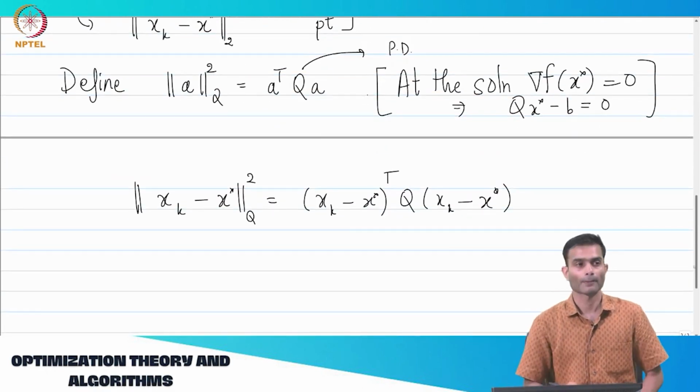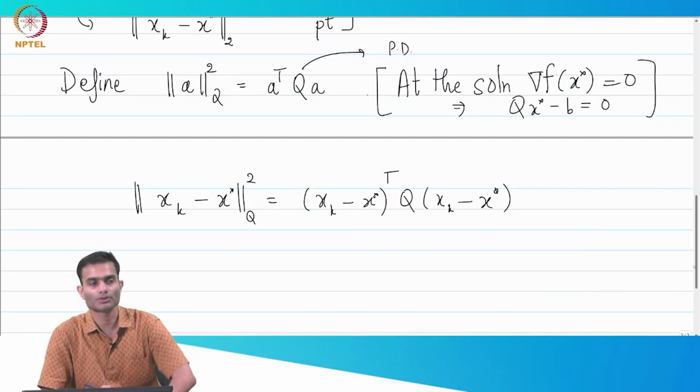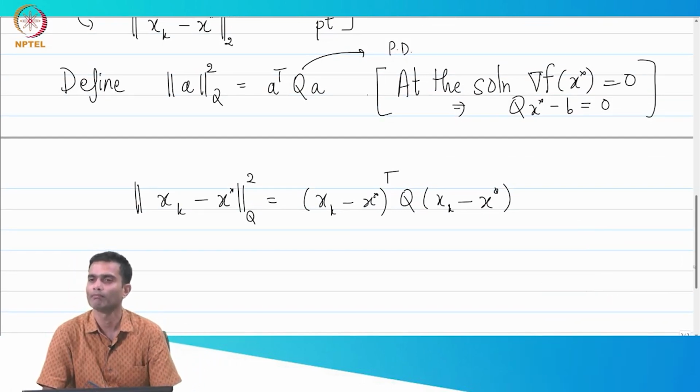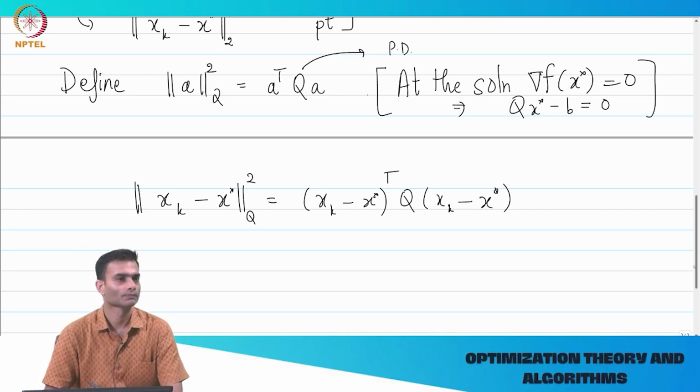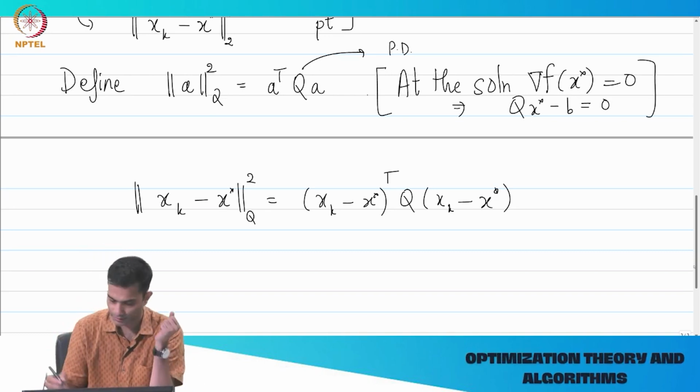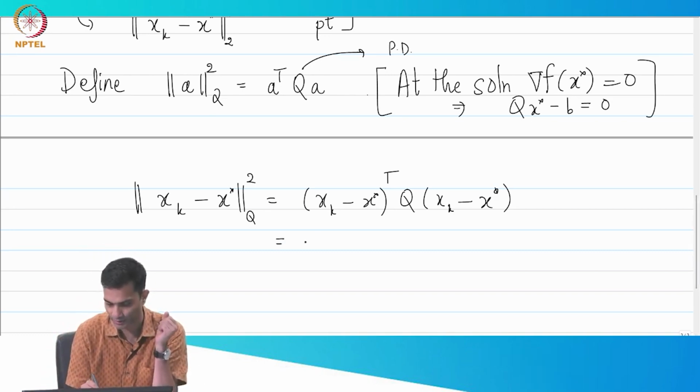Okay. If I open this up, how many terms do I expect? 2, 4, 6, 8, how many terms? 4 terms, right? Let's explicitly open it up.